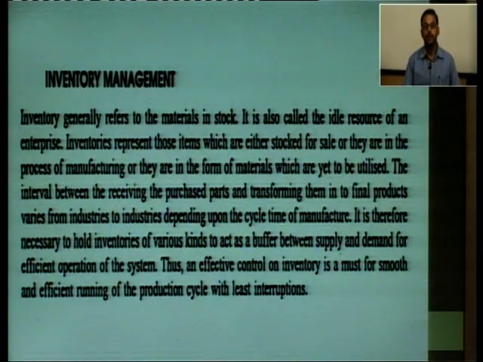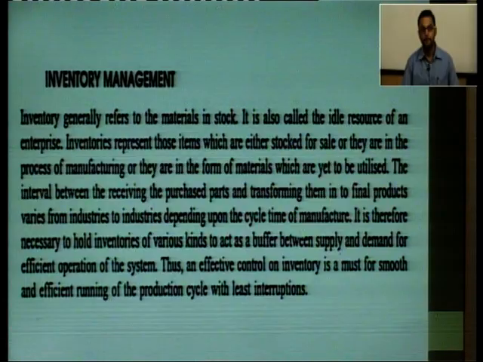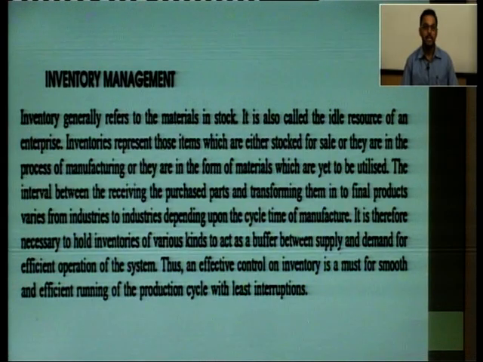So, before moving to standardization, it is very important to know what inventory is. Inventory generally refers to the materials that we keep in stock. As we go to a shoe store, we buy a shoe.